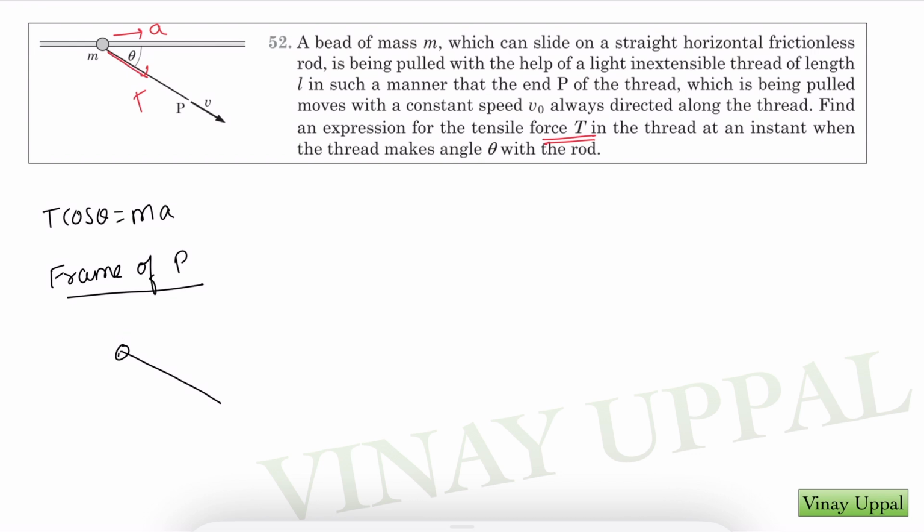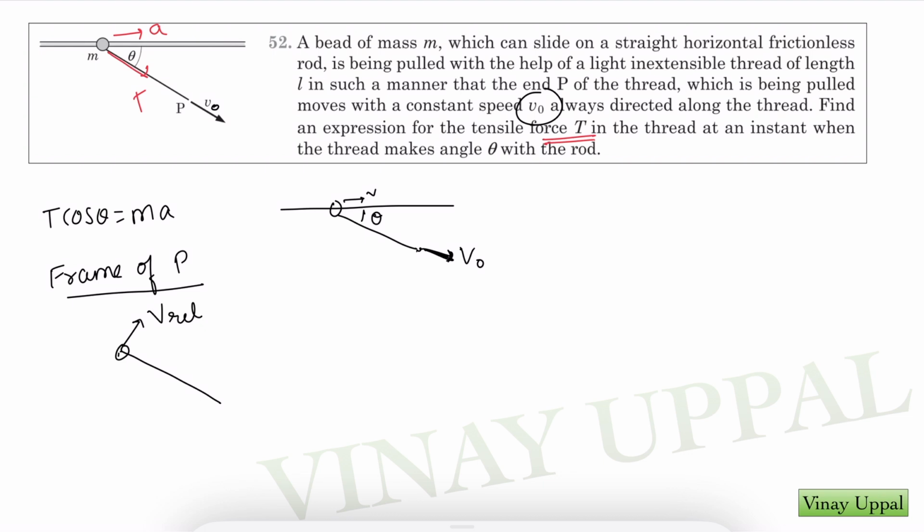So let's say its velocity is v relative. Now how much will that velocity be? End P has a velocity of v0, so this should be v0 here. I know that in the ground frame, the bead has a velocity v to the right and point P has a velocity v0. They'll both have the same velocity components along the string.